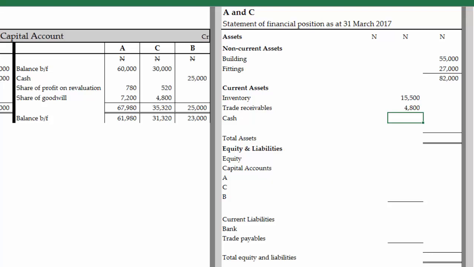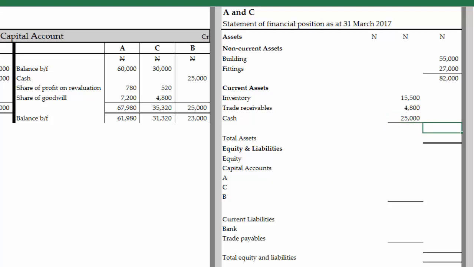This cash represents the cash that was brought in by B, the new partner. Remember, in the journal entry, we debited cash and we credited the capital account. So this cash is what will show in the statement of financial position as 25,000.